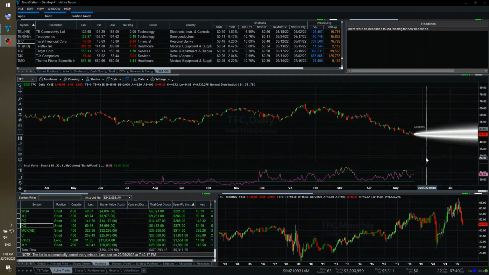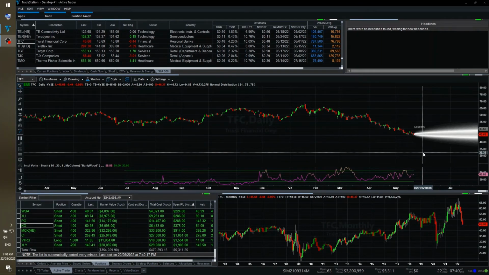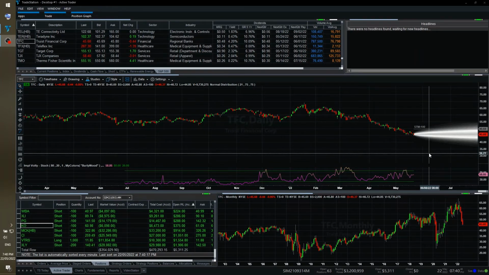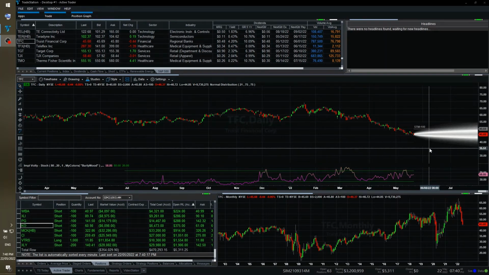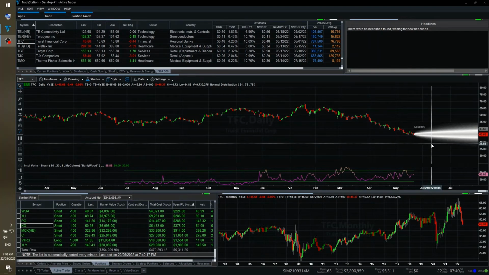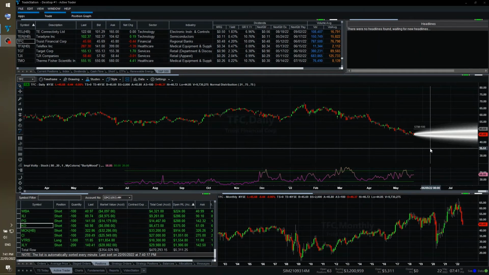So for example, if next week the stock price falls to $35, then the platform will automatically update our limit price to $39, which is $4 difference from the stock price.